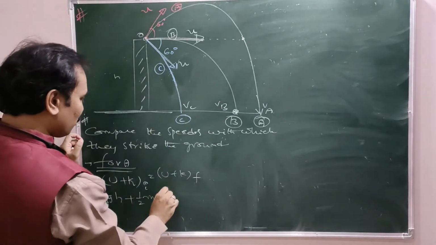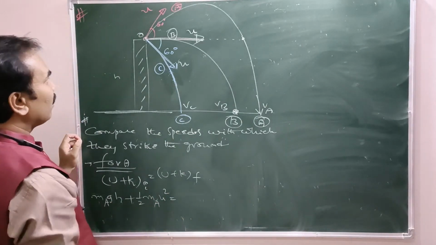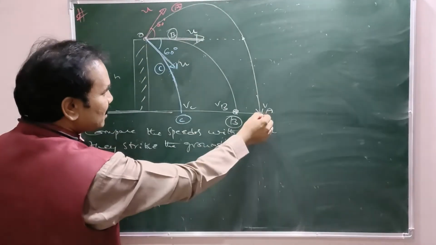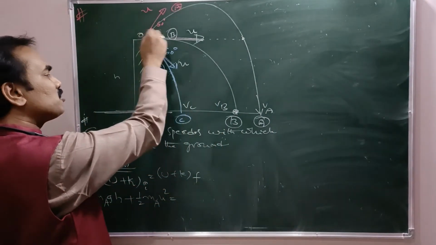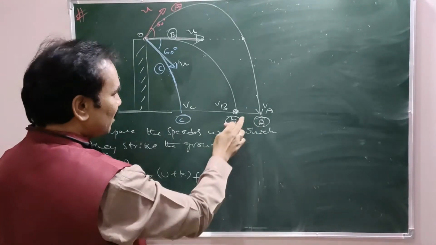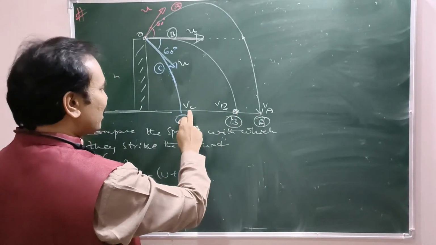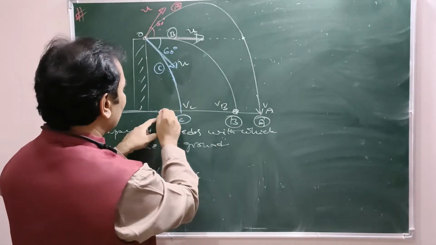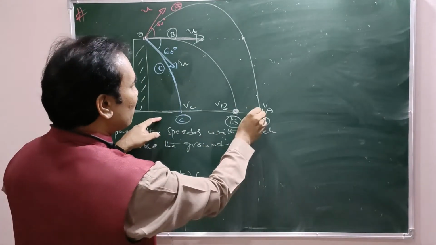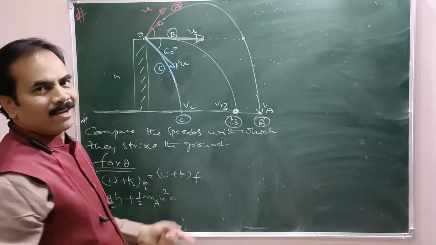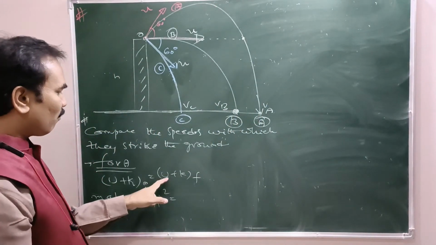That is, half mA U square, equal to, when it strikes the ground. This is our initial position, this is the final position. All the projectiles meet the ground, am I right? They strike the ground. So the final position is on the ground for each projectile. So what about potential energy?